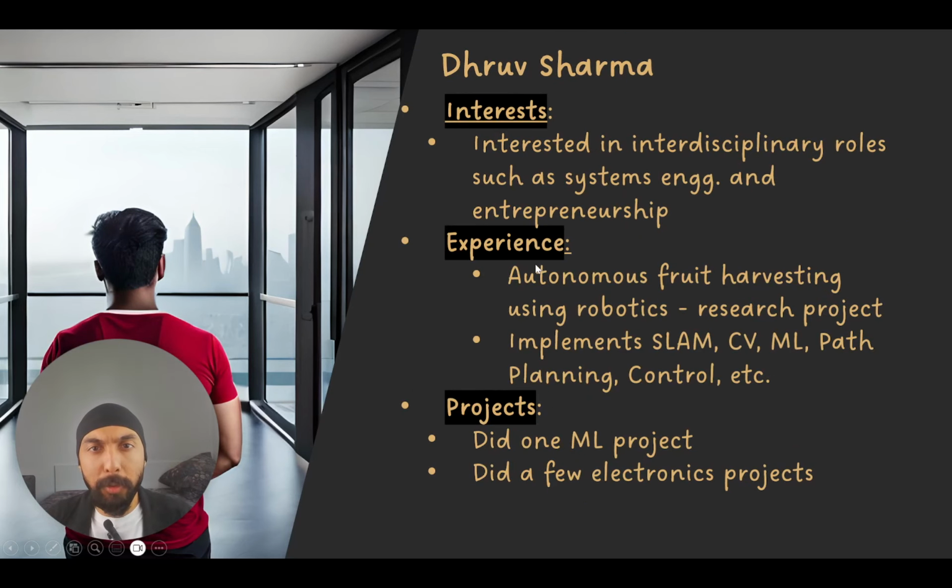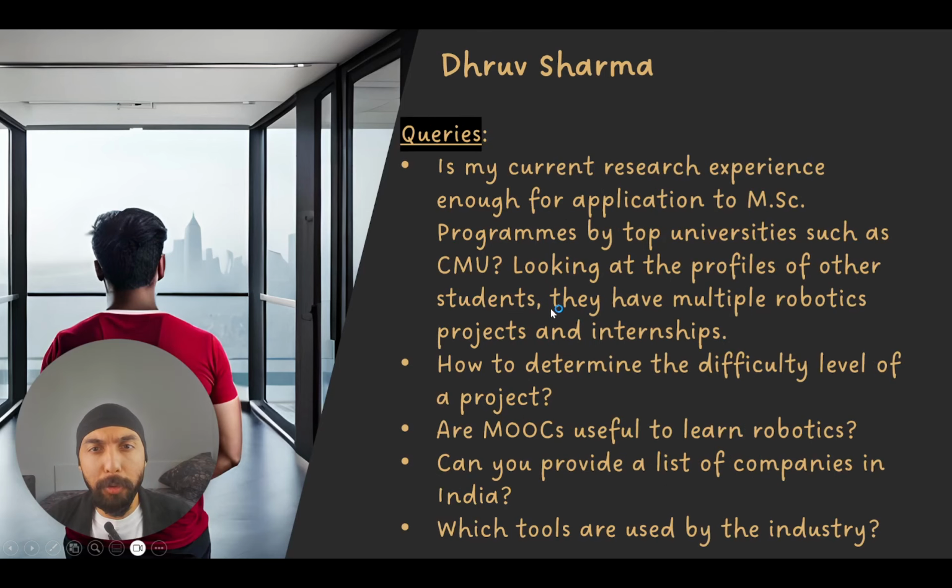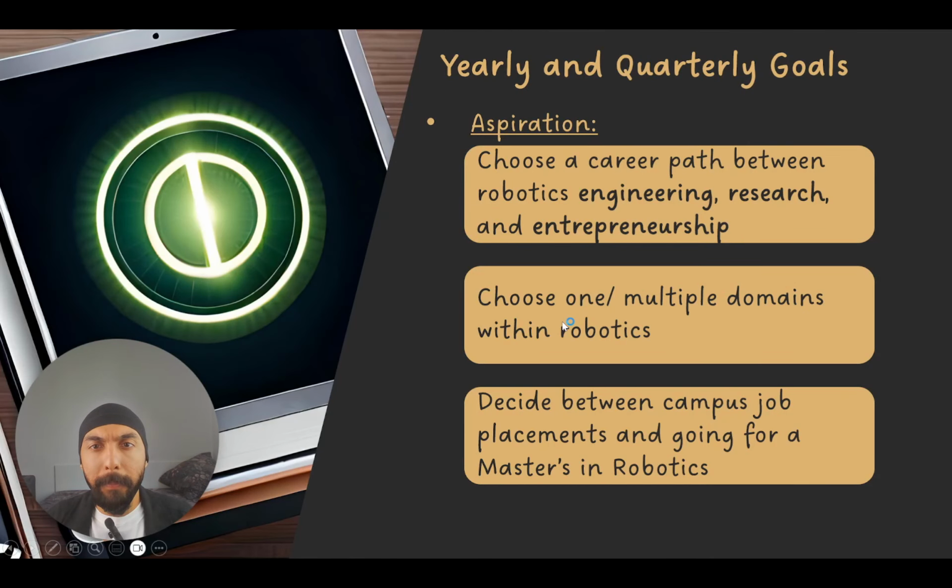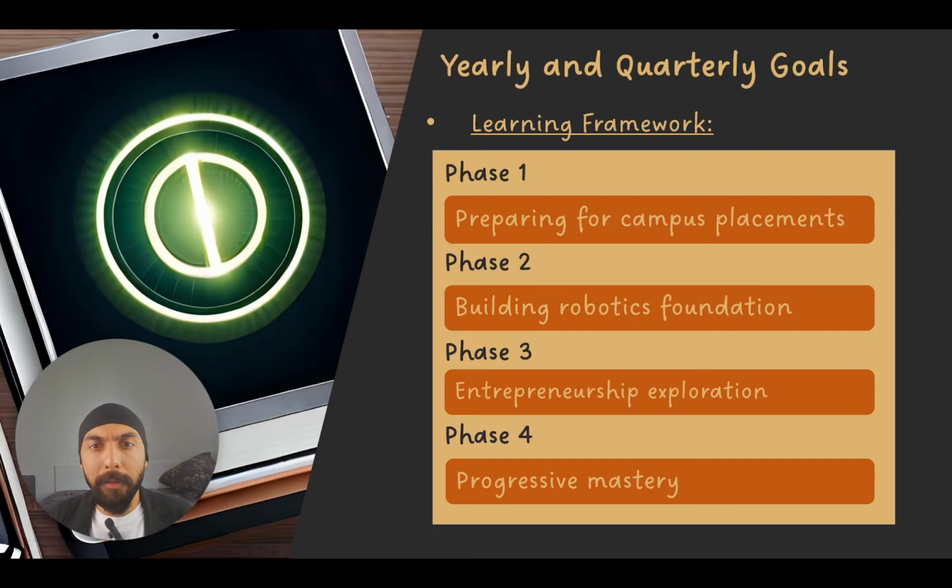a challenging one to make because he is interested in a lot of different things. So the plan also involves 4 phases, but different. Dhruv was also preparing for campus placements currently. So the first phase is dedicated to preparing for campus placements, and those were for software engineering roles.